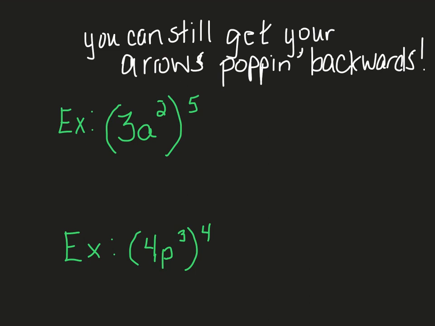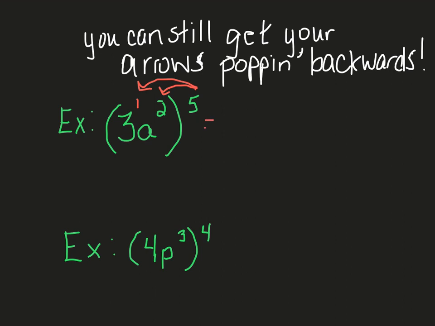All right, let's do some examples. So 3a squared, and that's to the 5th power. So you take your 5, and I'm going to go ahead and write this 1 in right here because I don't want to forget that it's there. So 5 times the 1, and then 5 times the 2.